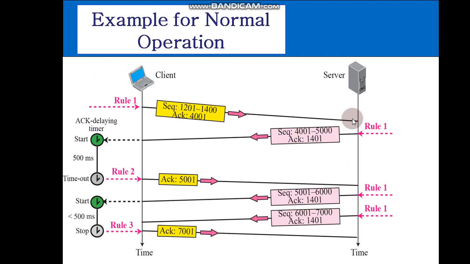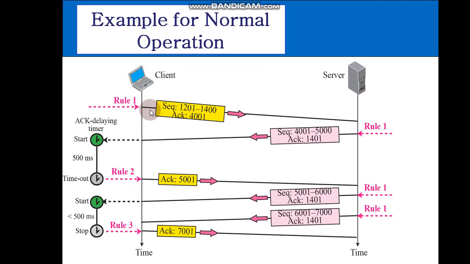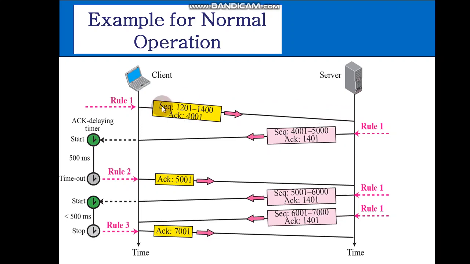Now we'll see some scenarios where we are talking about the normal operation, and try to understand the whole process more clearly. For example, the client is sending sequence numbers from 1201 to 1400 to the server, which means it is actually sending data, and it is acknowledging the segment that has been sent by the server to the client.